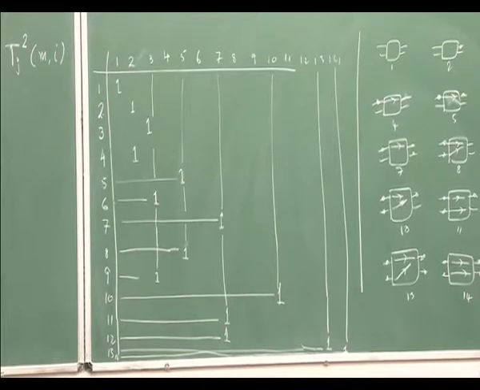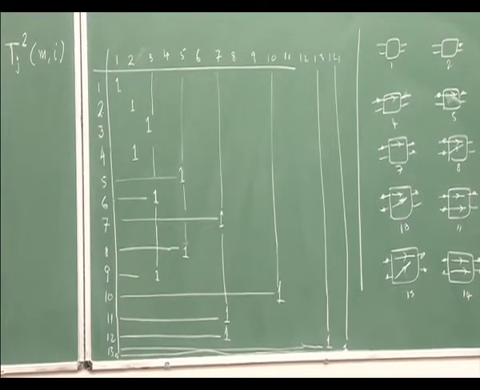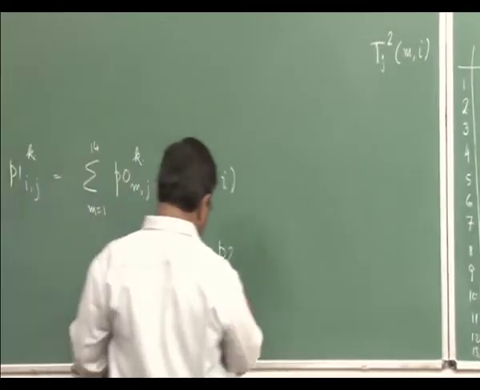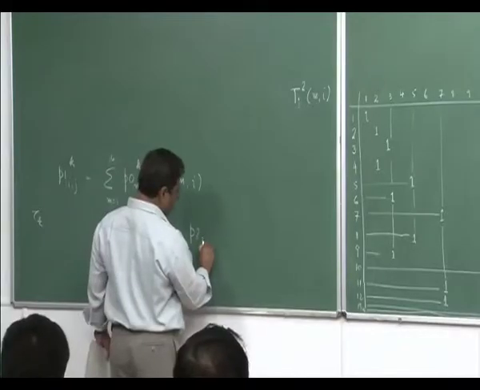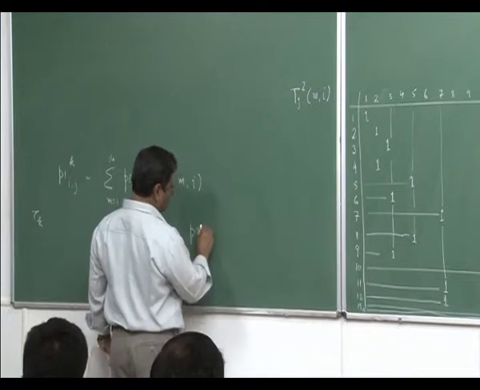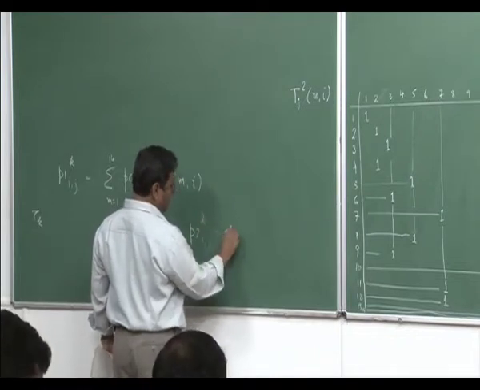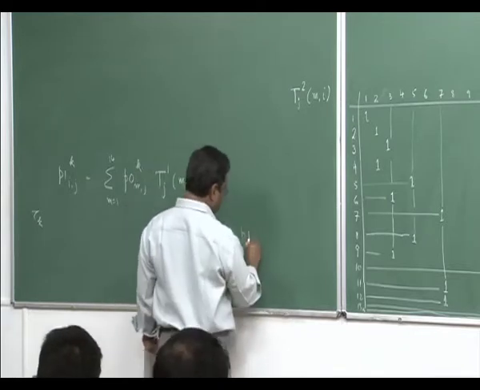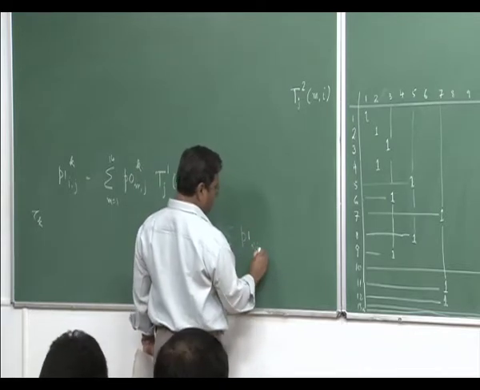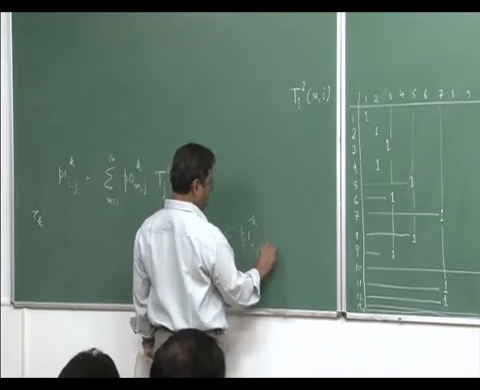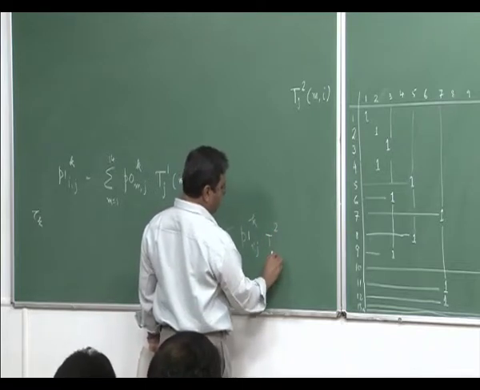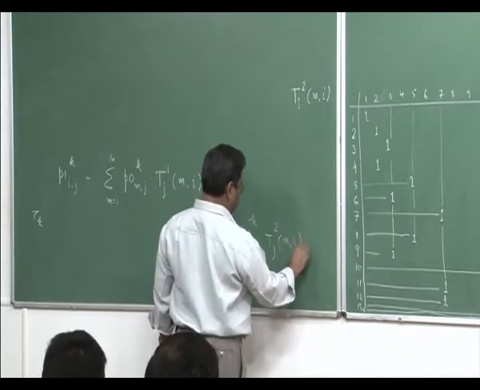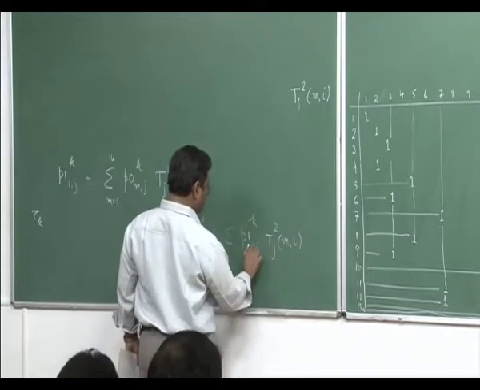So what will happen after step 2, you will be in state i, state j, in time slot k, will be given by whatever was the probability after step 1 times transition matrix 2 in state j from... this has to be m.